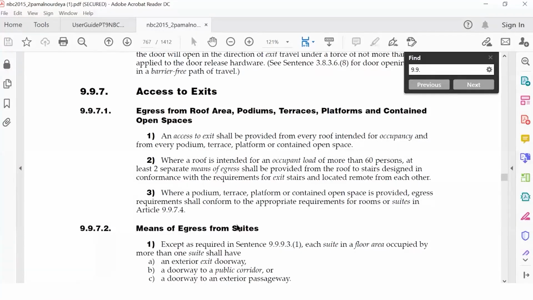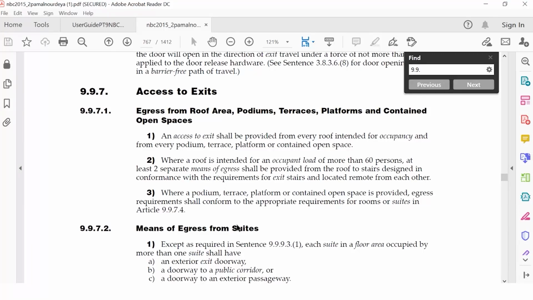Okay. So where a roof is intended for an occupant load of more than 60 persons, at least 2 separate means of egress shall be provided from the roof, or stairs designed in conformance with the requirements for exit stairs located remote from each other.